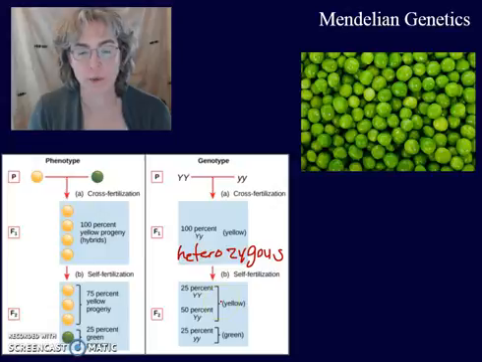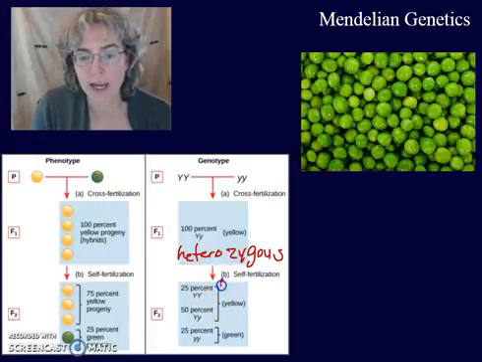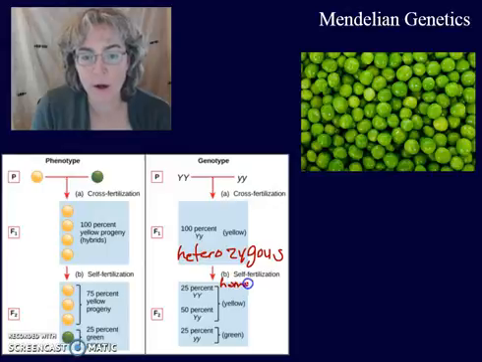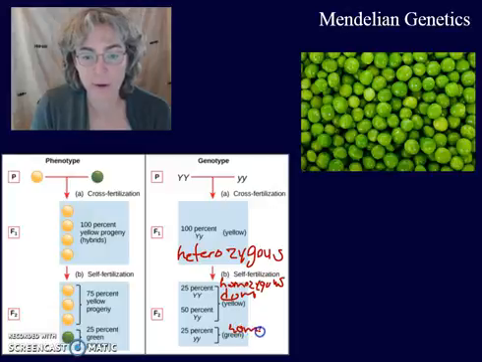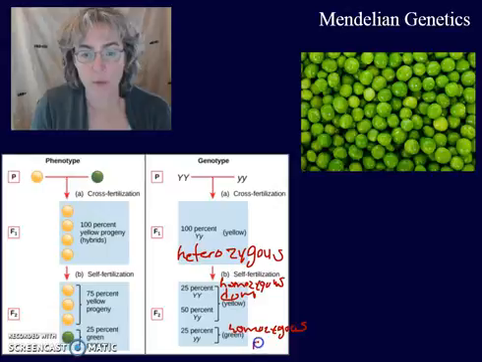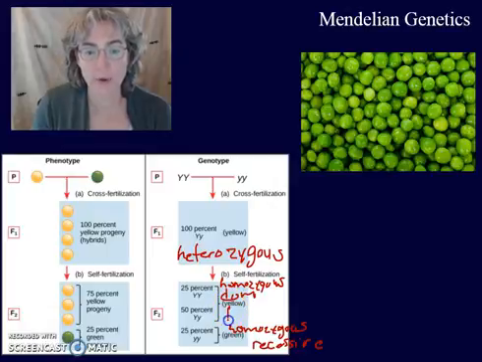And in our second generation, we are going to get a homozygous dominant, and a homozygous recessive, and we are going to get heterozygous.